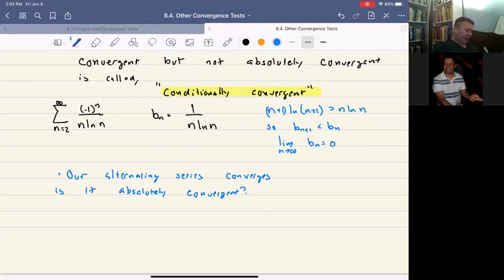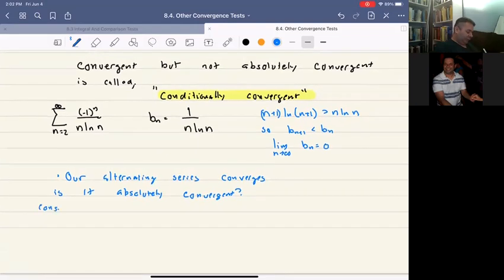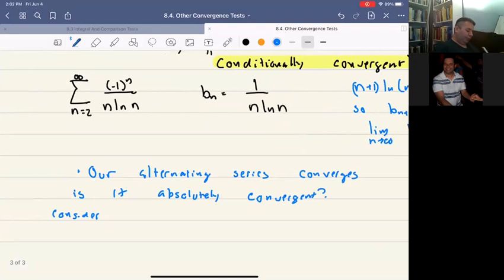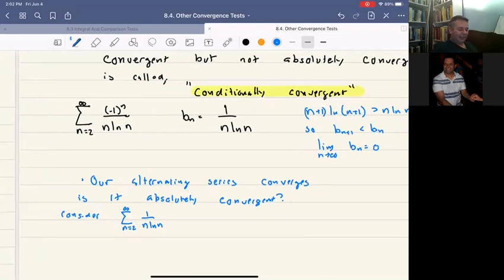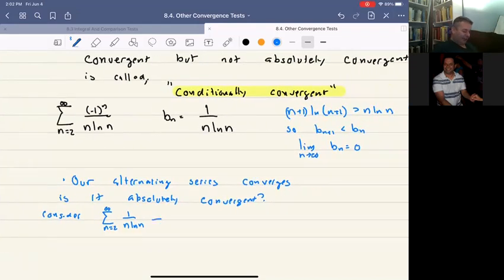Let's consider the sum from 2 to infinity of 1 over n log n. Well, we actually have the integral test. Y'all remember the integral test? That's right, integral test.